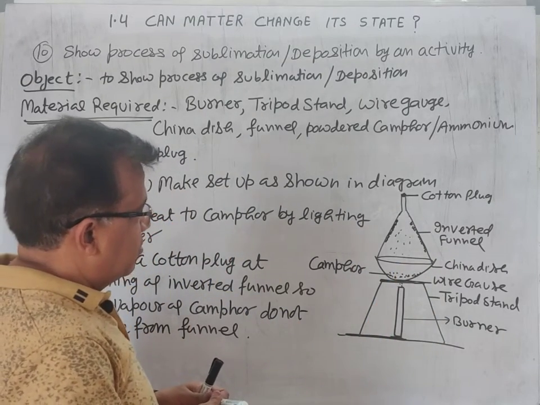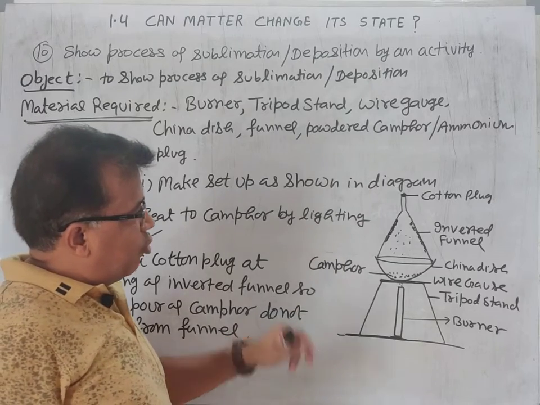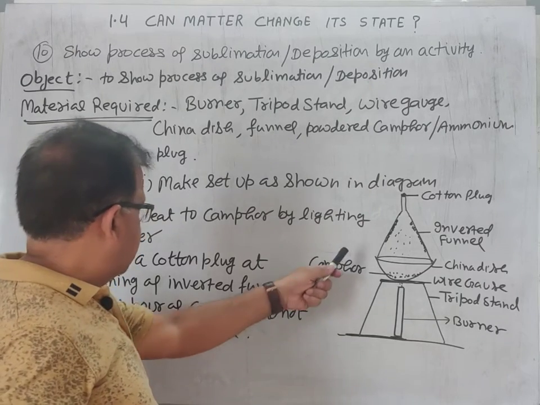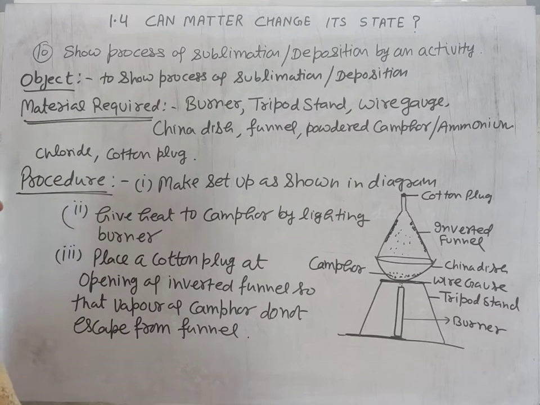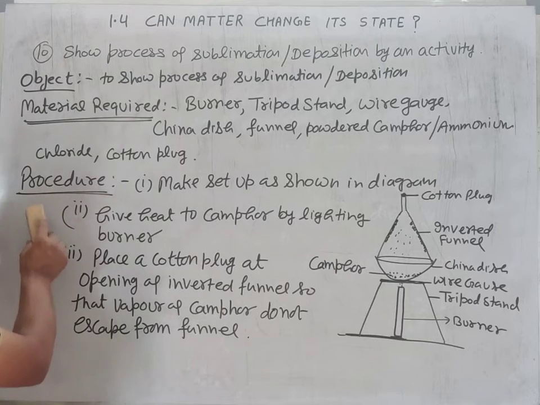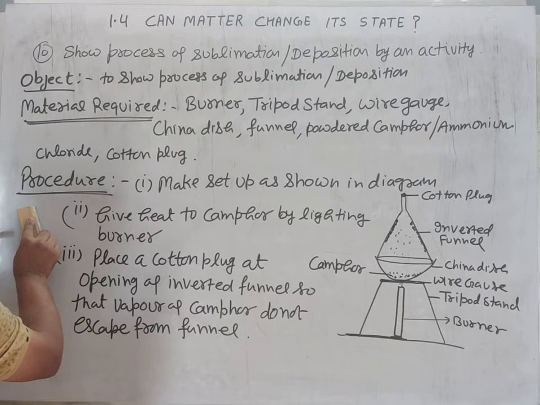And we can take out funnel, scratch that camphor or ammonium chloride. So next is object, material required and procedure. Now observation.